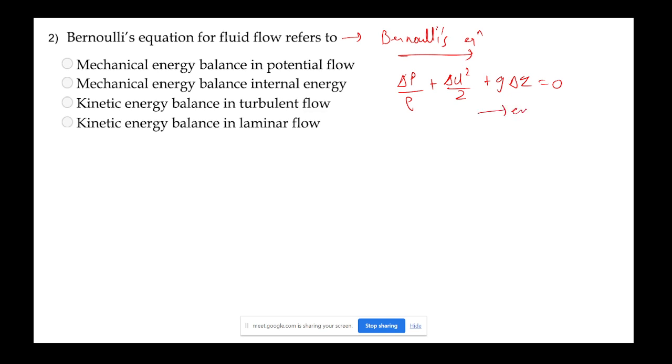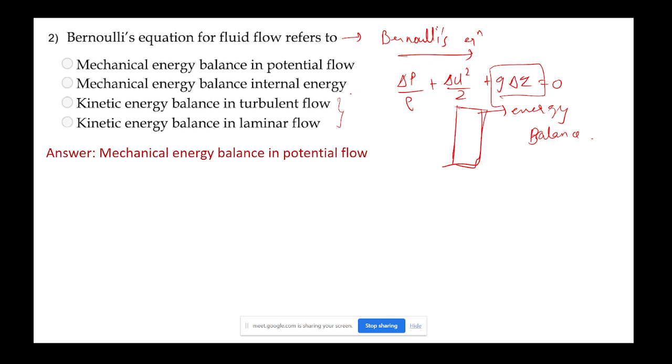This is the energy balance which is applied for a flowing system, and the flow has to be under the influence of some potential gradient, which is represented by this term. So Bernoulli's equation for fluid flow refers to the mechanical energy balance in potential flow, as compared to the other options.